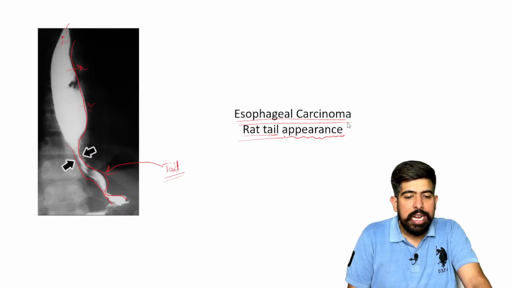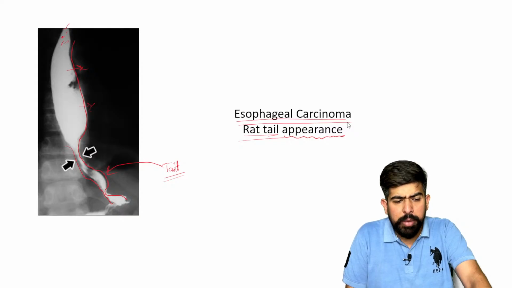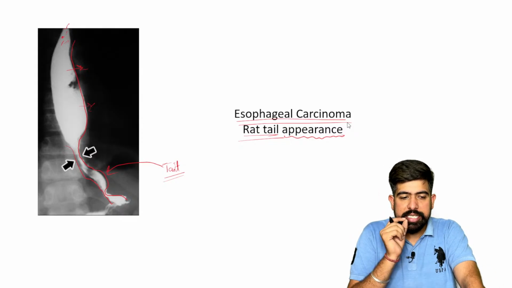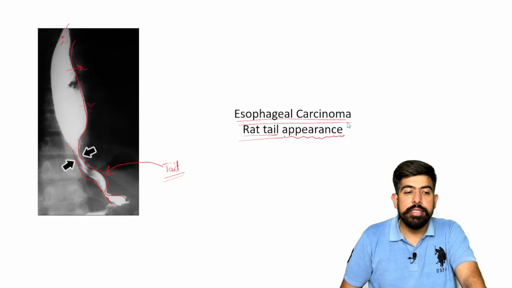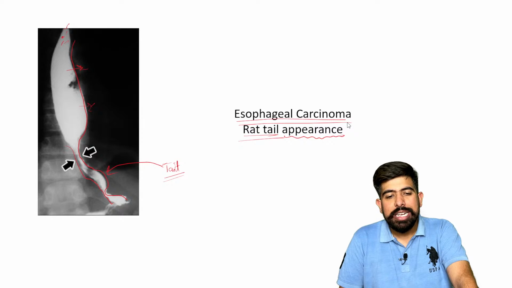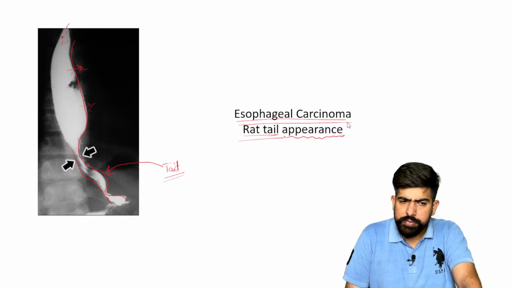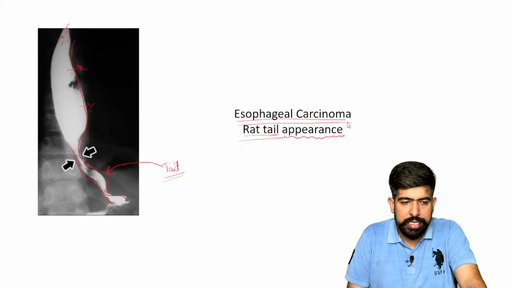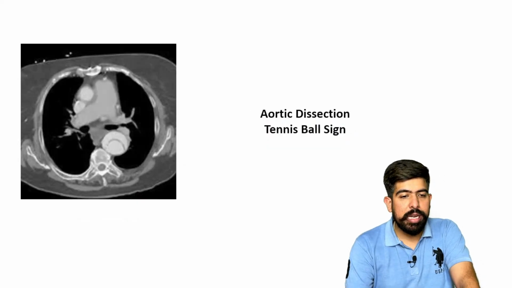Don't be confused and don't mark the answer in a hurry. Just think about it, look twice, and then mark the answer: is it achalasia cardia, or is it esophageal cancer? Okay, guys, these are the two which sometimes cause confusion.